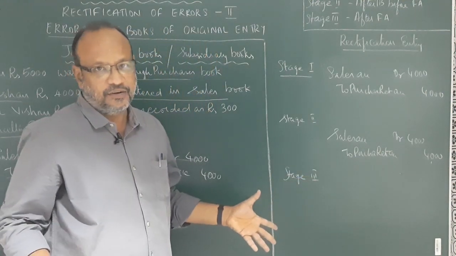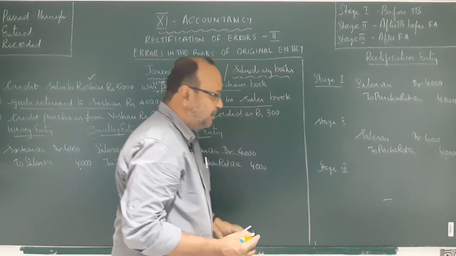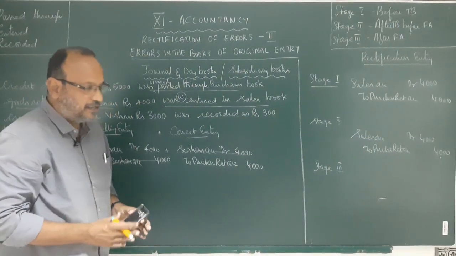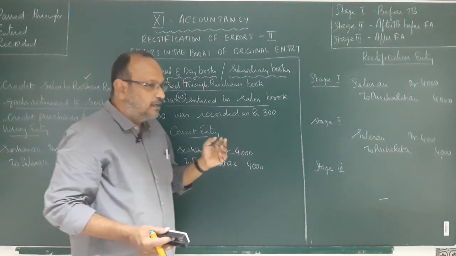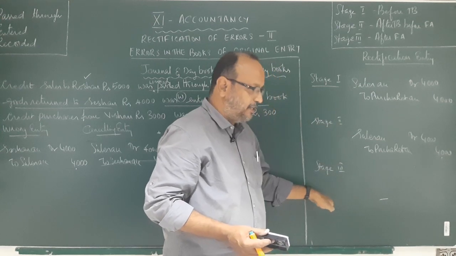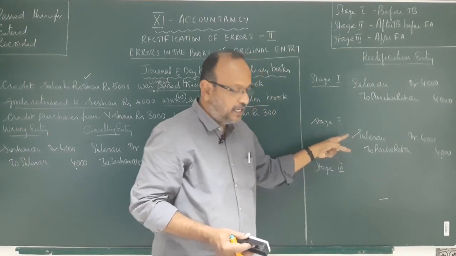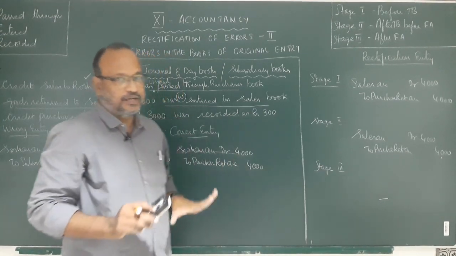There is no journal entry like that, isn't it? So profit and loss adjustment account has to be debited and profit and loss adjustment account has to be credited. There is no need for that journal entry. If in the rectification journal entry, in the third stage, both the aspects are related to nominal account, we will not be passing a rectification journal entry.